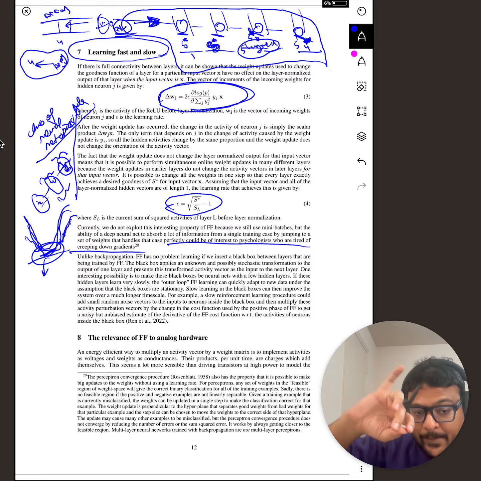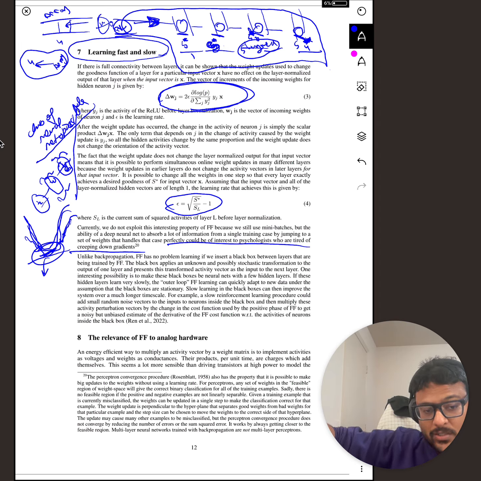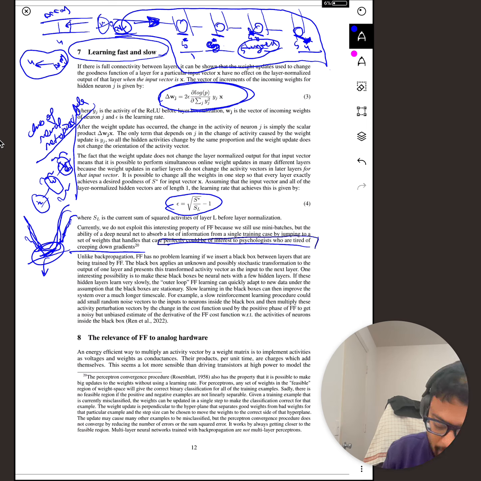So you can make rapid changes to these weights in a single step to store the information, and that is really good because that will allow you to store the information in constant time, and there is no more learning involved. So he's saying that if you can find a way to get rid of gradient descent, that would be amazing. That's the core point: find a way to get rid of gradient descent.